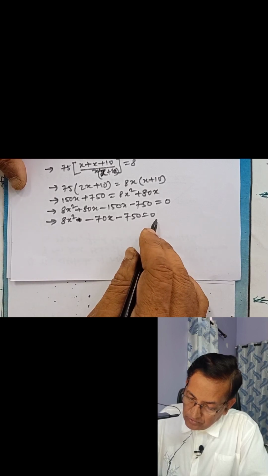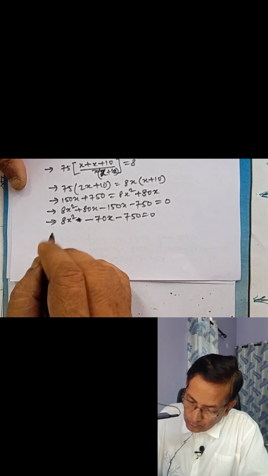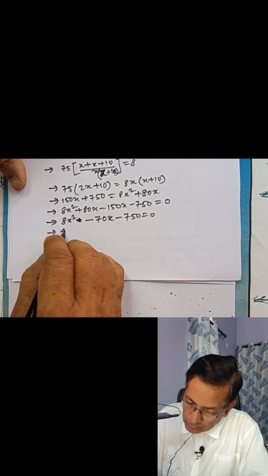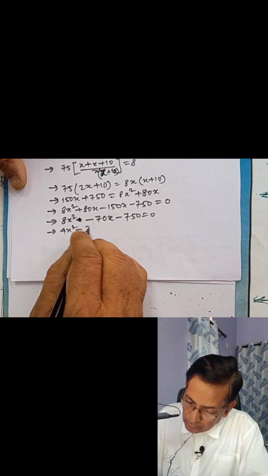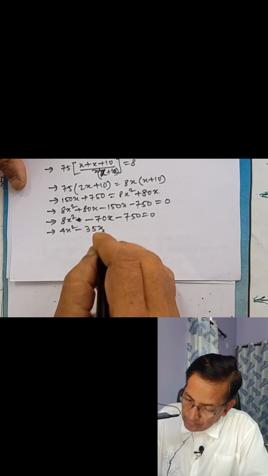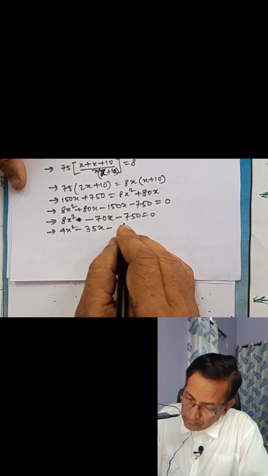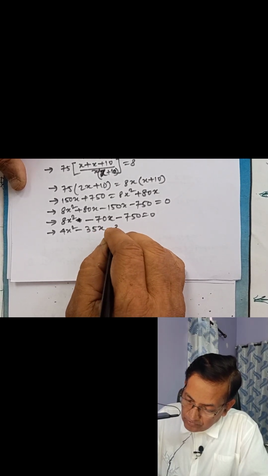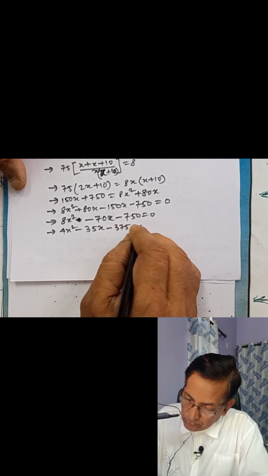We can divide both sides by 2. It will give 4x square minus 35x minus 375 is equal to 0.